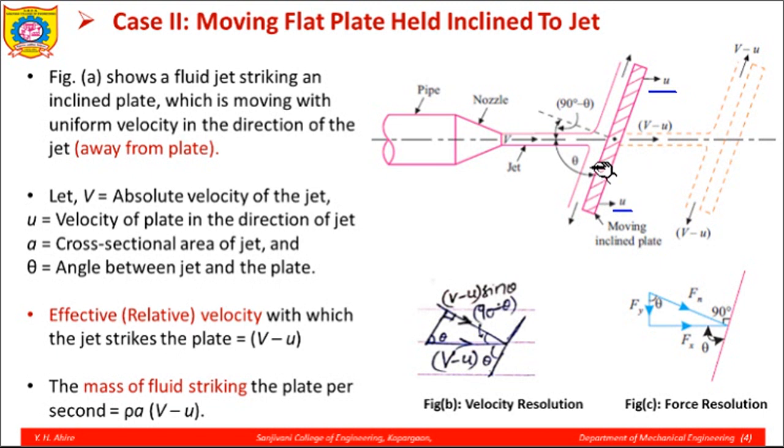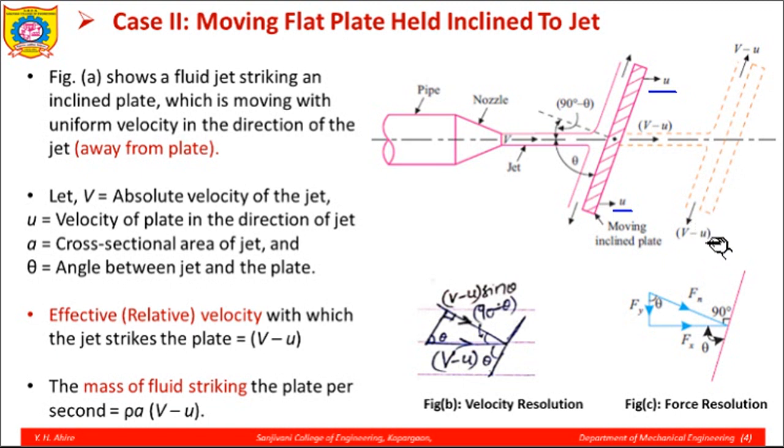Okay. So the jet will impact on the plate effectively with the relative velocity, that is V minus U. That will cause the impact. After impact, the jet will flow along the tangential direction to the inclined surface.